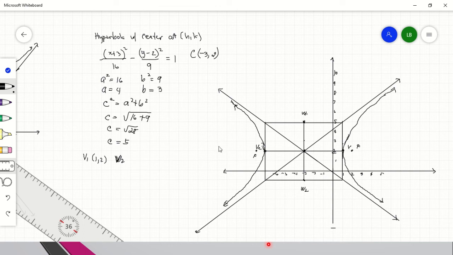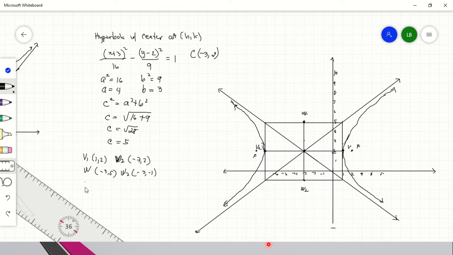Negative 7, 2. Si co-vertex. Ito siya. So, (negative 3, 5) and (negative 3, negative 1).